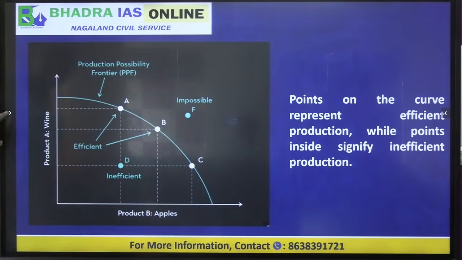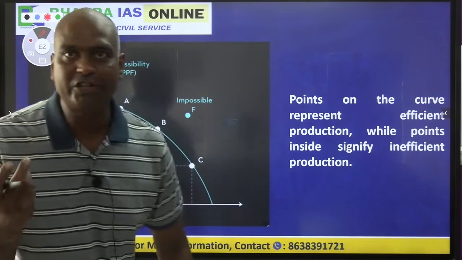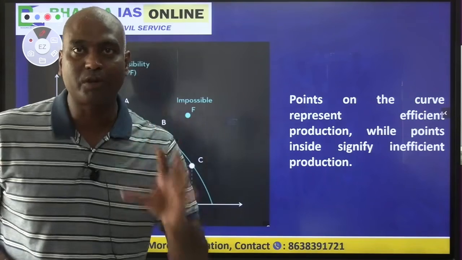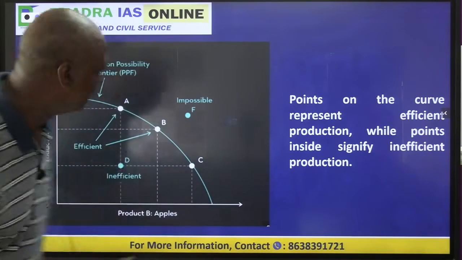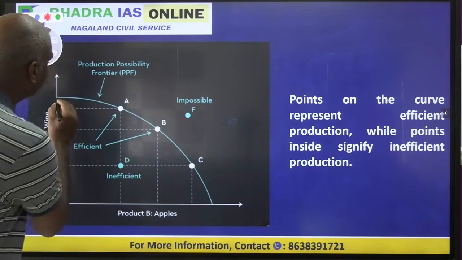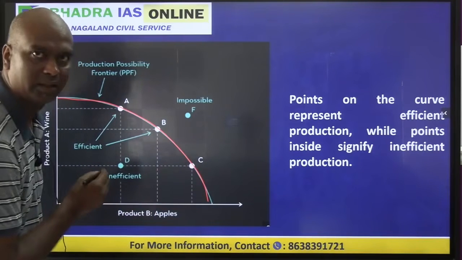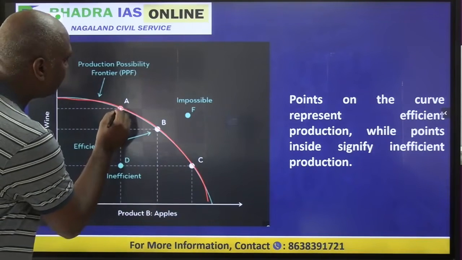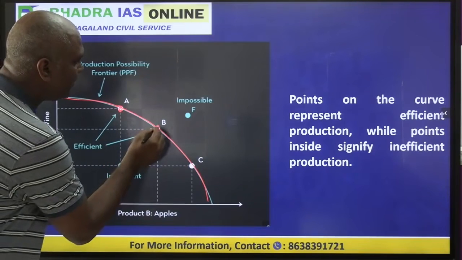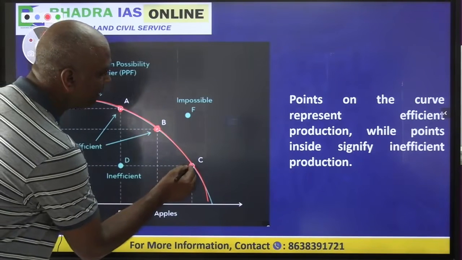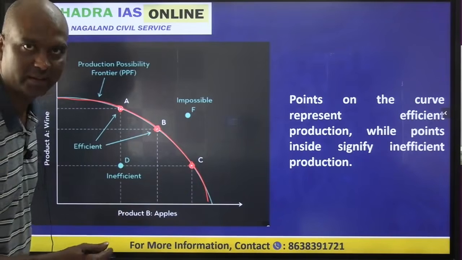Now let's look at another related concept. What do we call this? Efficient level of production, inefficient level of production. So what is the efficient level of production of the production possibility curve? Now if you see here, this is our production possibility curve. And here we have point A, point B and point C. Correct?